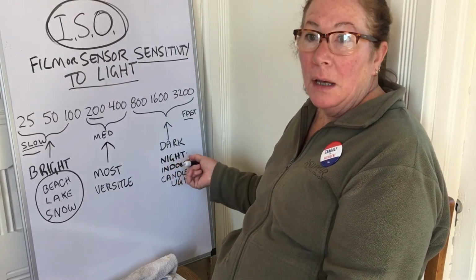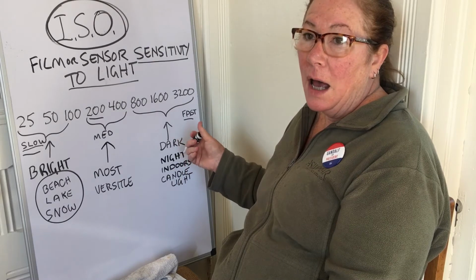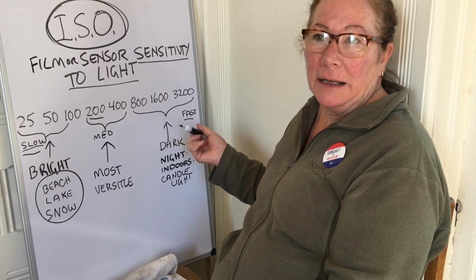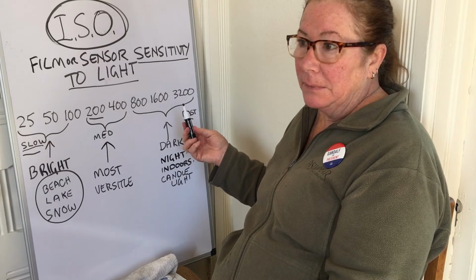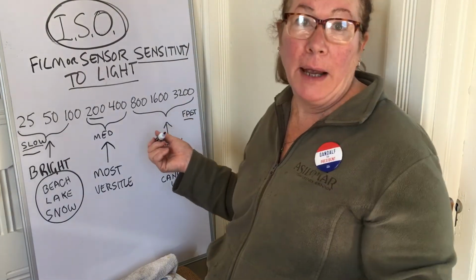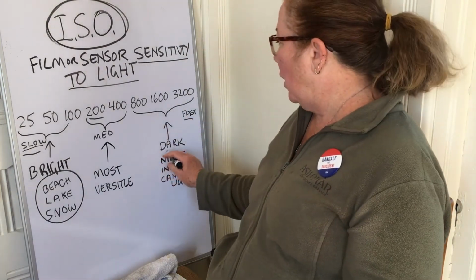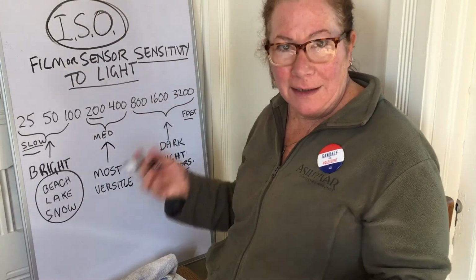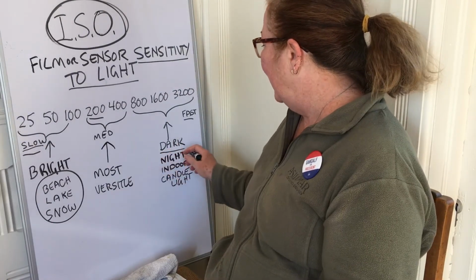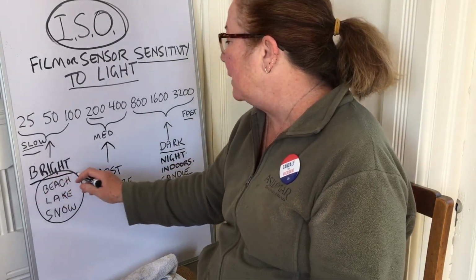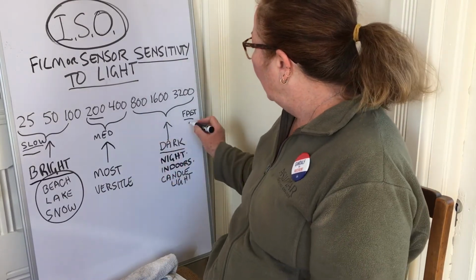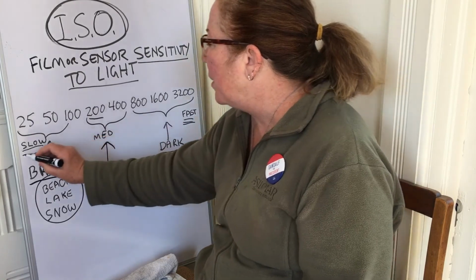So nighttime could be either photographing the sky or photographing a night scene like a ball game or a street scene like say in downtown, right, where you have some light but it's dark, right? It's nighttime. So obviously the sun's not out. When the sun's not out, it's dark, right? And as with everything else, we need light for our cameras to see, just like we need light for our eyes to see. So how did they get these terms slow and fast?